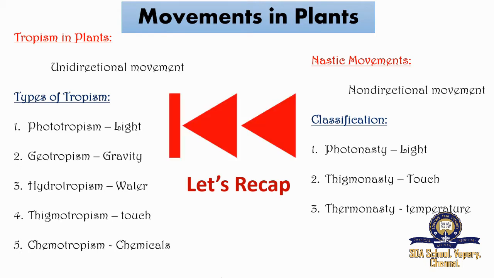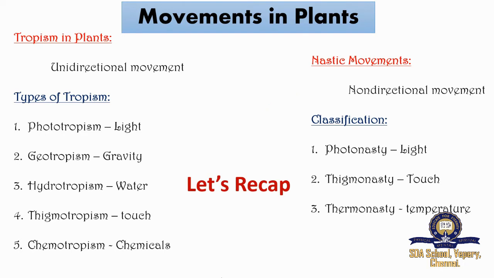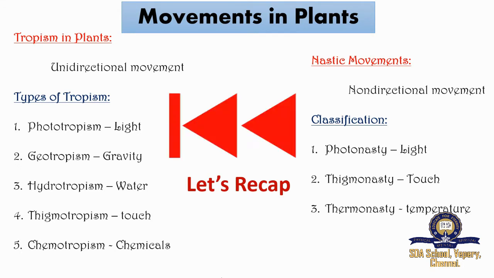And when it comes to thermonasty, the best example would be tulip flowers. The tulip flowers bloom as the temperature increases. So these are the best examples for photonasty, thigmonasty, and thermonasty. And so we'll move on to today's class.